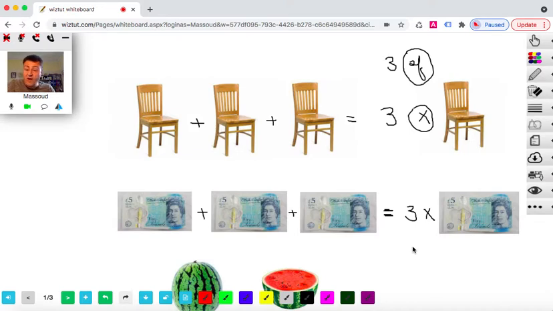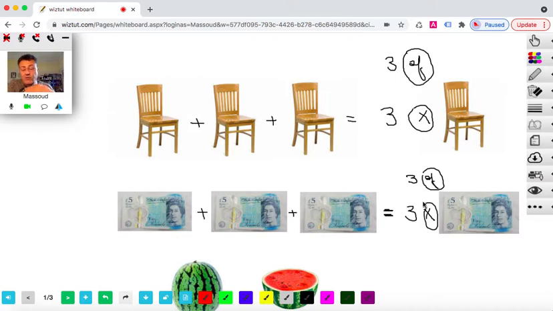Why do we say 3 fives? Because we've got 3 of them, 3 of £5 notes. So this concept of "of" and times are quite closely associated with one another.